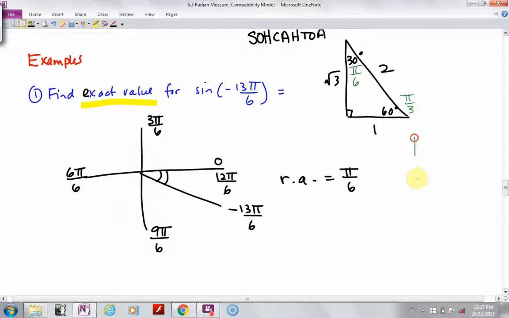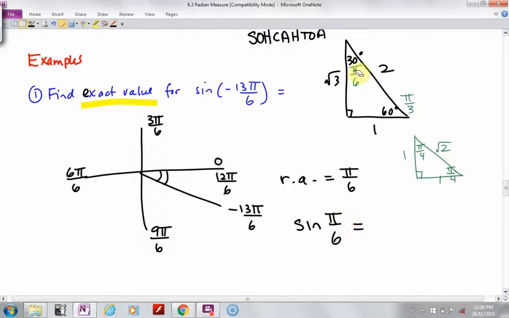So you will have to start thinking in terms of that on your special triangles. The other special triangle, which was 45, 45, what's 45 in radians? Pi over 4. Okay, so those are your special triangles with radian measure. So we want the sine of negative 13 pi by 6. So we're first going to think, well, what's the sine of pi by 6 then?